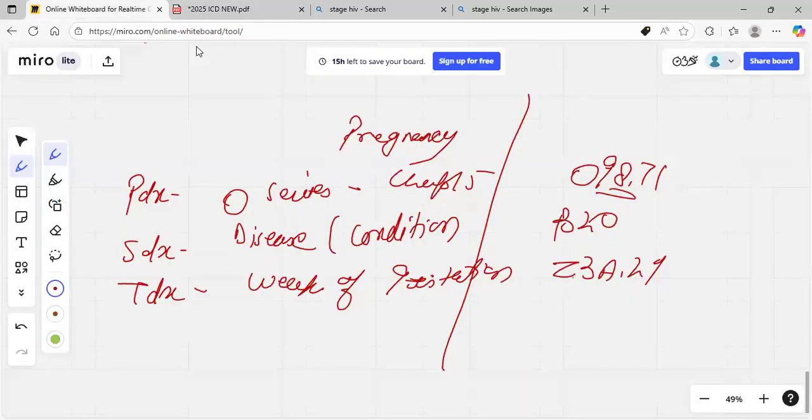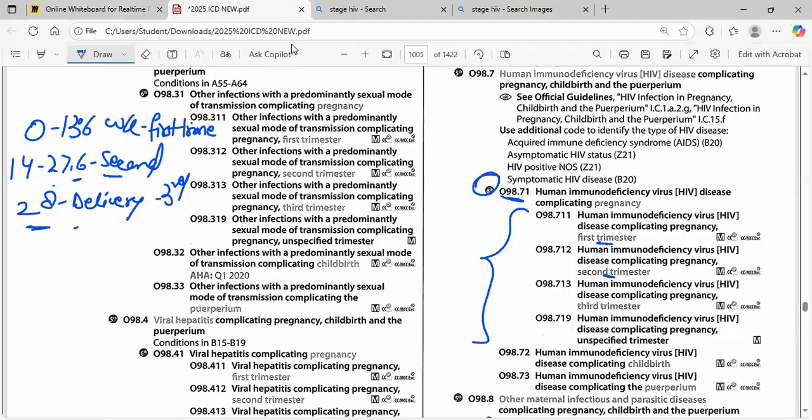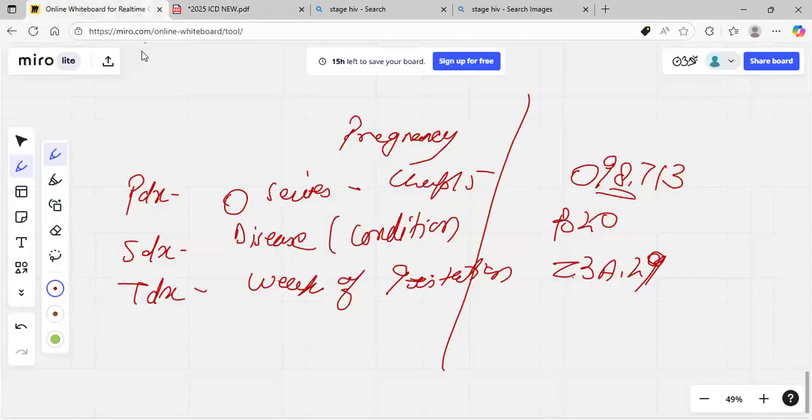Like in the question we are doing, we use 29 as the week of gestation, so our answer should be O98.713, the third trimester, because 29 weeks of gestation comes under the third trimester. Whenever you code a condition for a pregnant lady, you refer to pregnancy first, followed by that condition, and in the last you code the weeks of gestation.